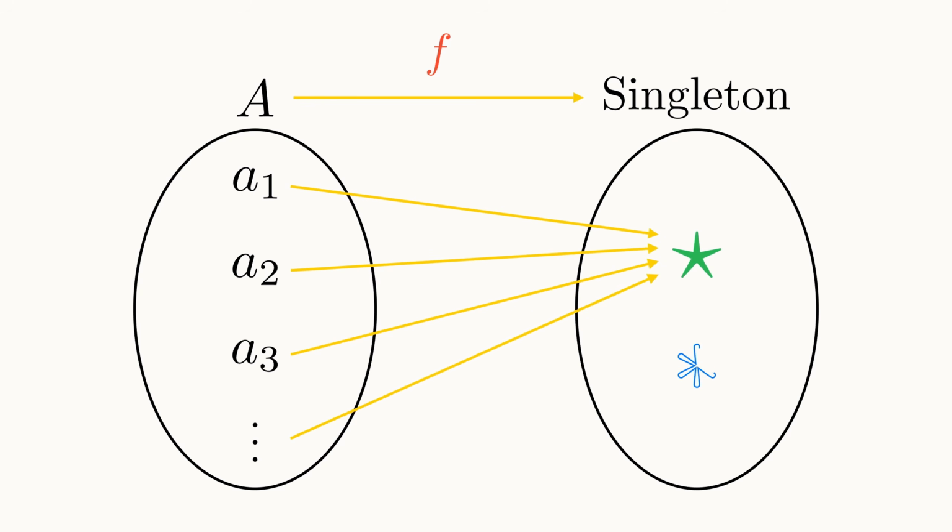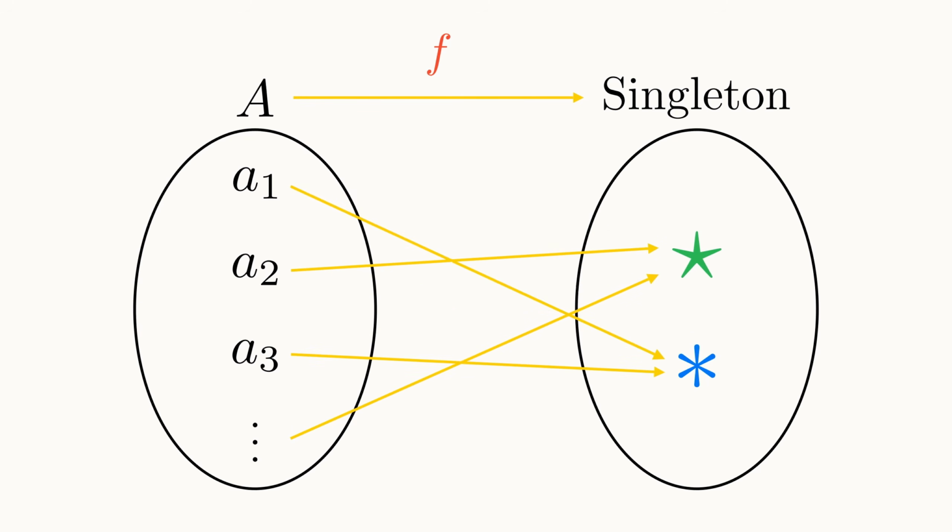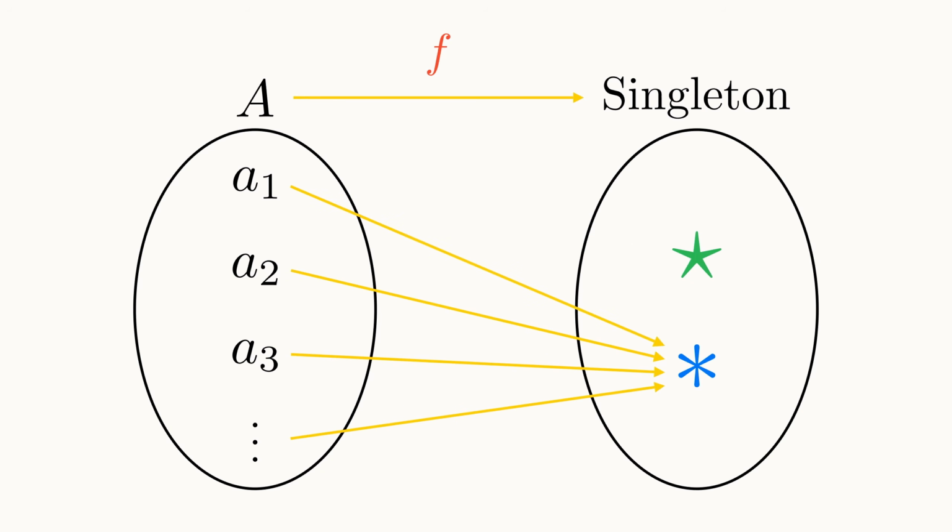Any set with more elements will always have multiple ways of defining functions into it. So to sum up our findings, if we take any object in Set, there must be a singular, unique arrow that goes from this object to our singleton set.